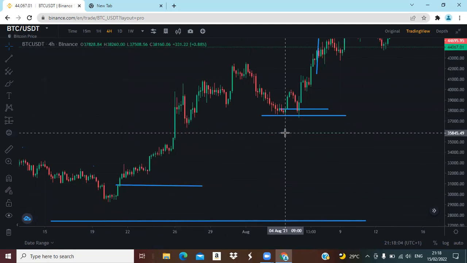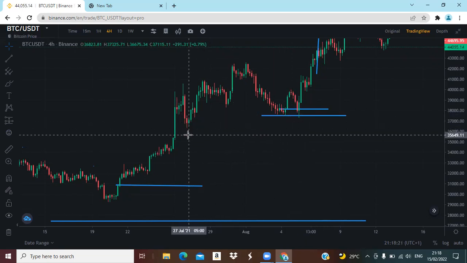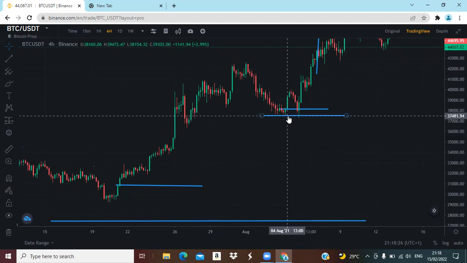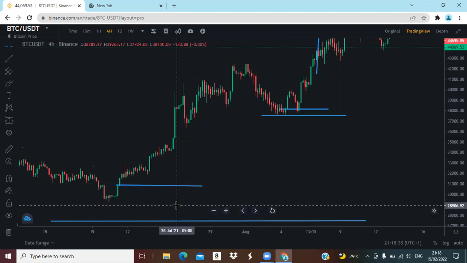It should be far below, giving a buffer, or look for the next support. Then you take slightly below the next support. So if we take this as the first support and this is the second support, slightly below this second support will give the market a buffer, that is, room to breathe before continuation, in case the market comes back down. So you need to take note of that.